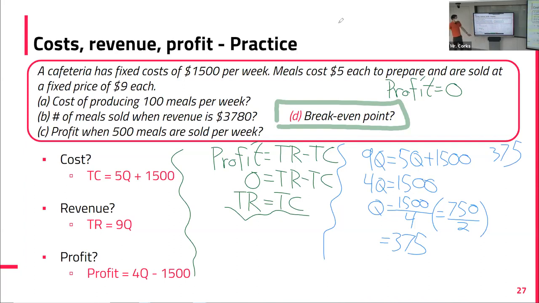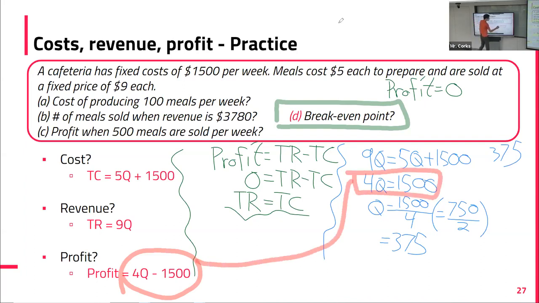We could also have found our break-even point directly from our profit formula: 4Q minus 500, and if we say that our profit is 0, that looks the same as this step over here. So if we do TR equals TC, or do it from the profit equation, it's the same thing, just a slightly different way of looking at it, and we get the same result.